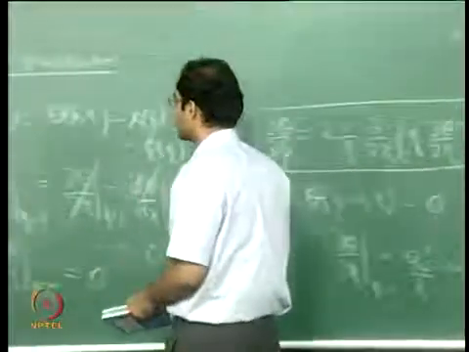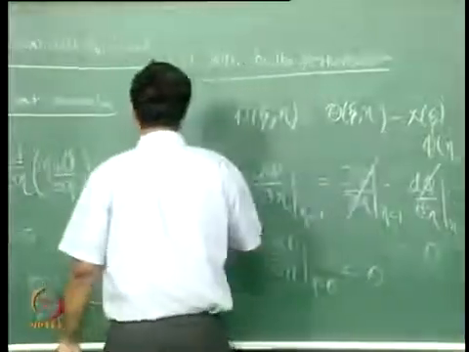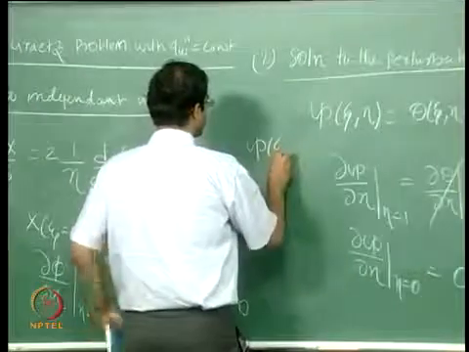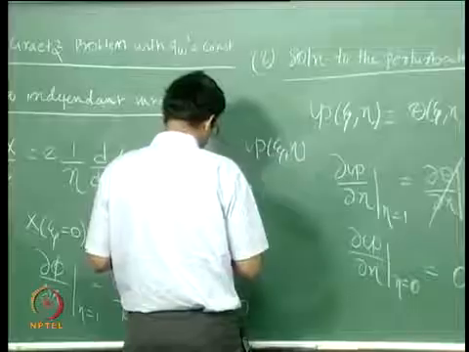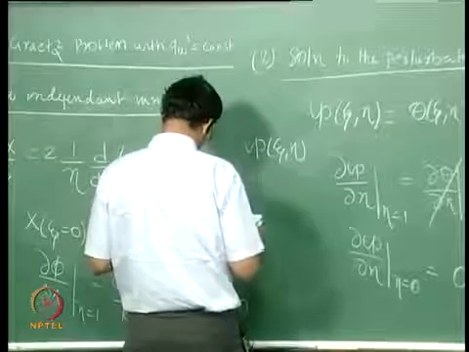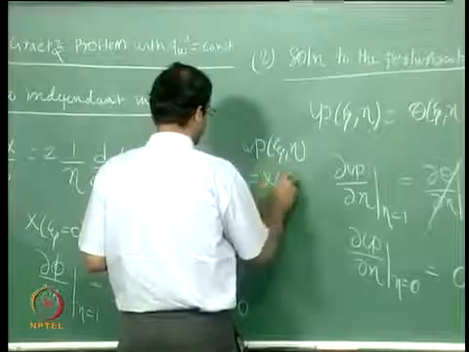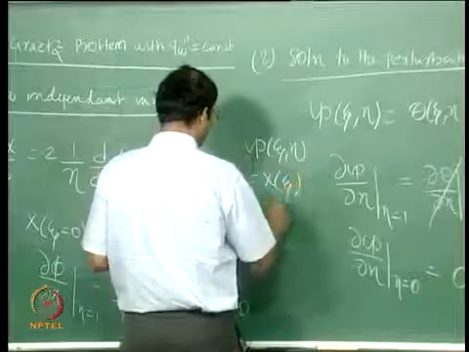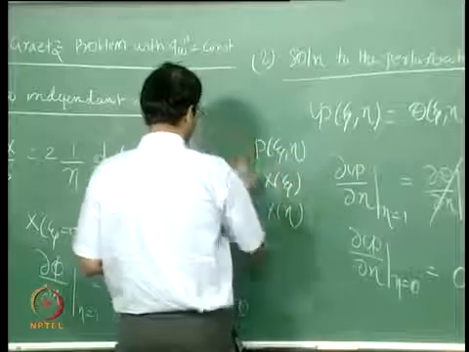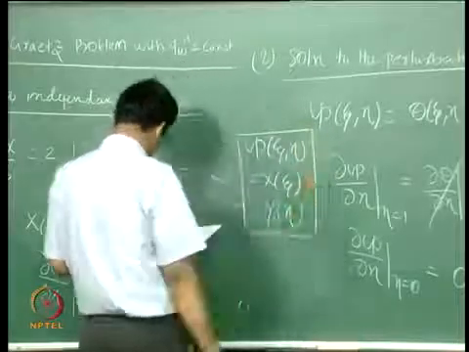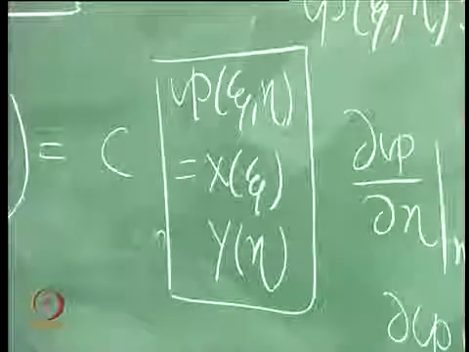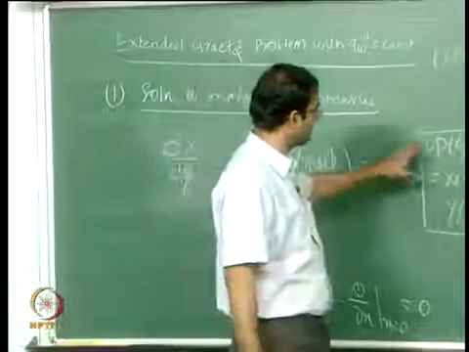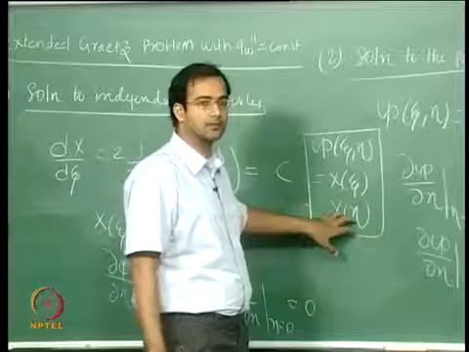So now you can assume that my psi of zeta comma eta is actually some x of zeta and some y of eta, and then I can proceed with my regular solution.